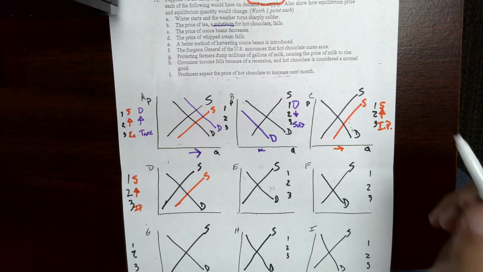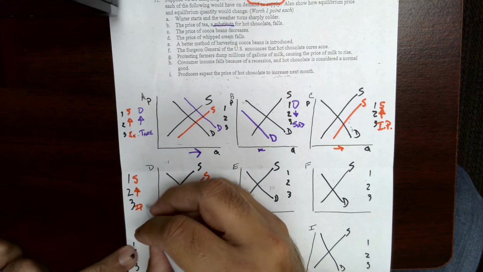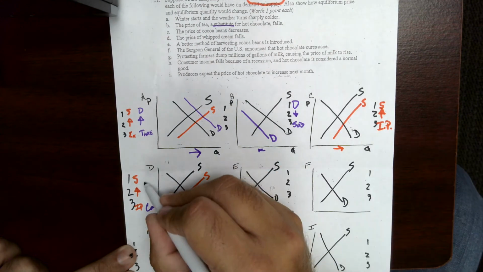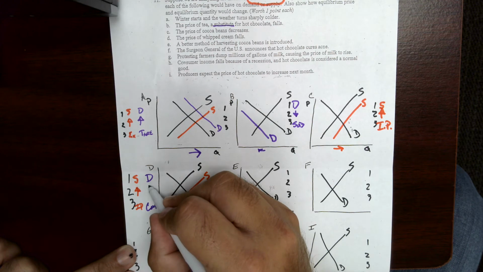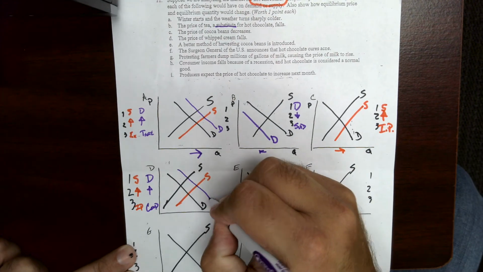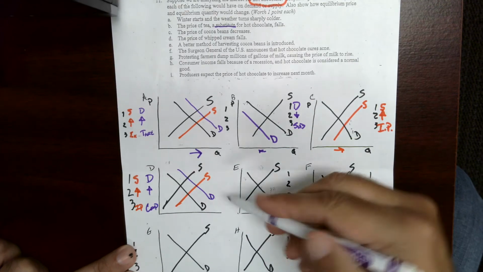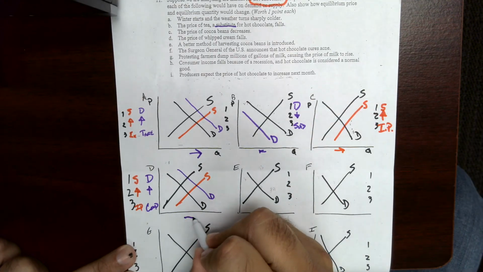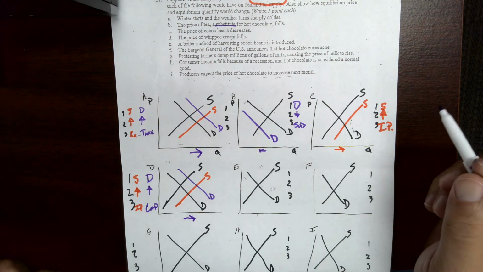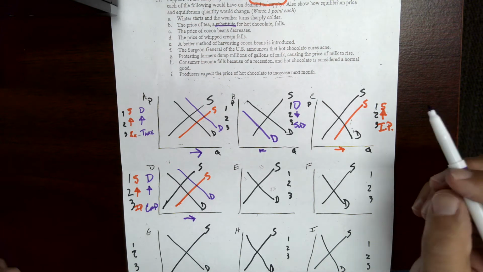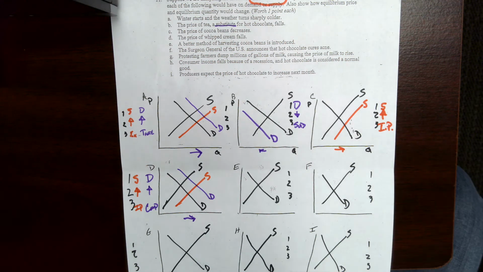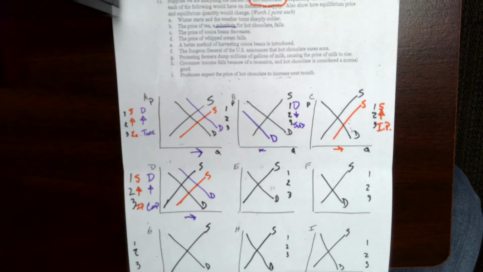If you think whipped cream is a complementary good to hot chocolate, then the demand for it is going to increase because it's cheaper, so your demand curve would shift this way. Again, just like the one at the top, we are both in agreement that the quantity of hot chocolate being served is going to increase either way.